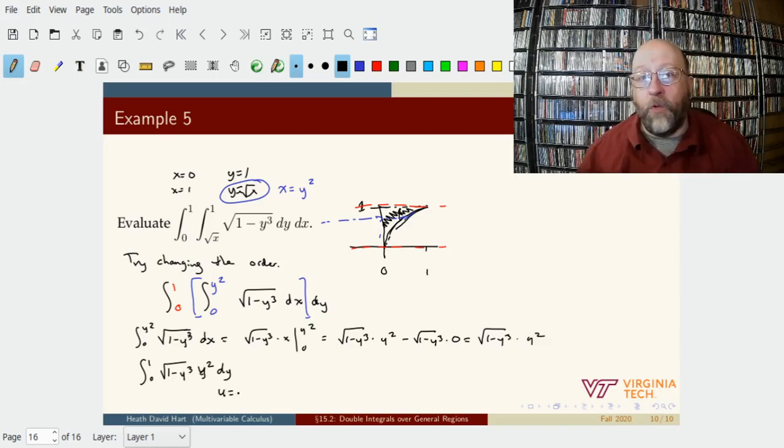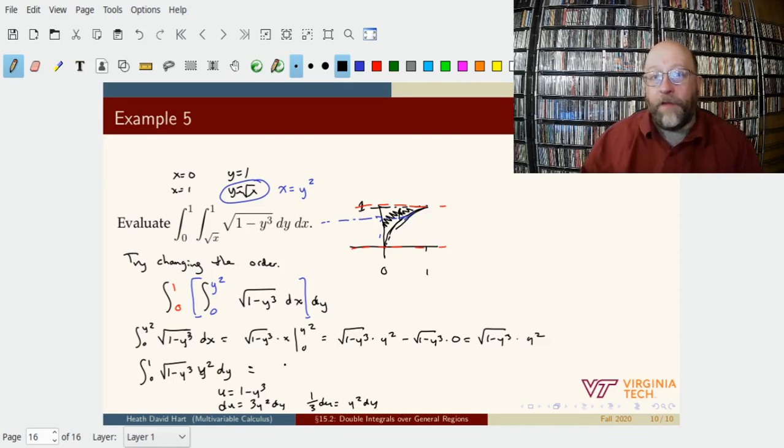If I let u equal 1 minus y cubed, then du is equal to 3y squared dy, and so 1/3 du is equal to y squared dy. And so we get the integral of square root of u du, with a 1/3 out front. My boundaries have changed.